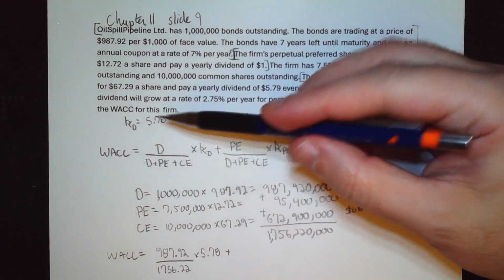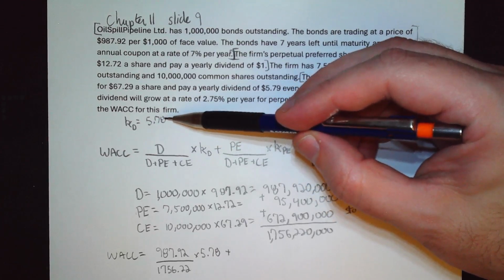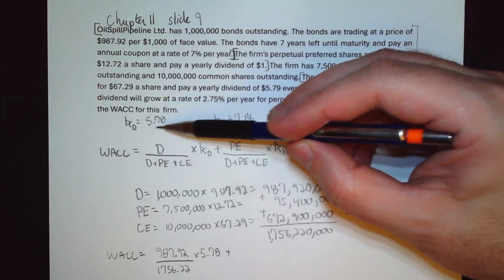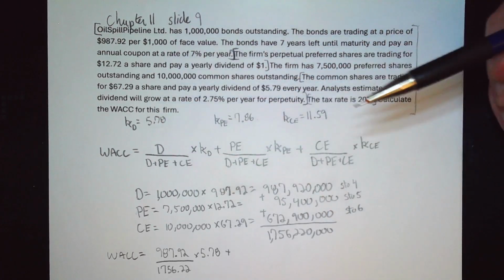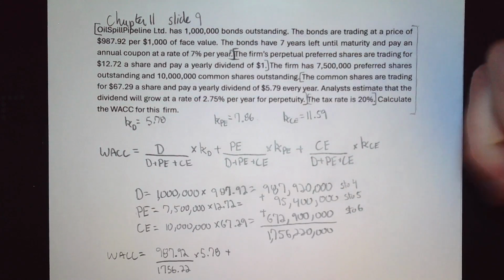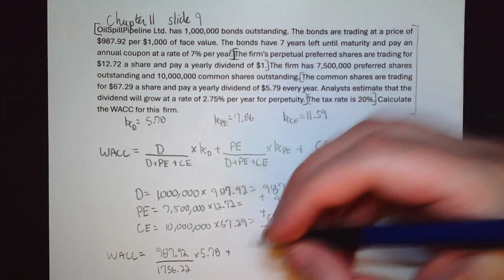Or actually, in this case, it's not exactly the same thing. The yield would be the rate of return that the investor wants to get, but in this case, this is the yield times (1 minus TC) because it costs the firm less than what the investor wants to get because of the tax shield. I talked about that in the appropriate video.